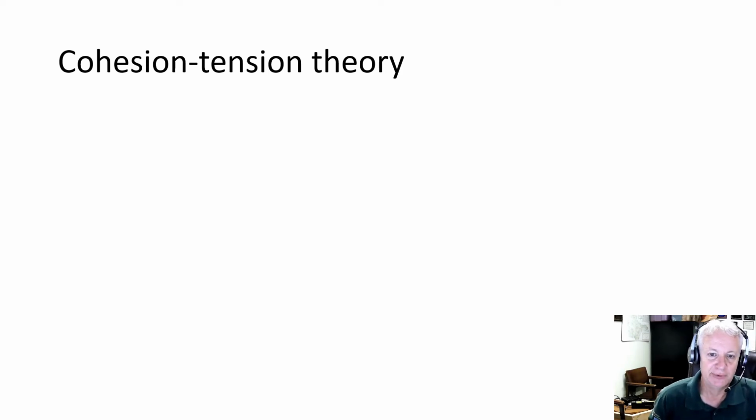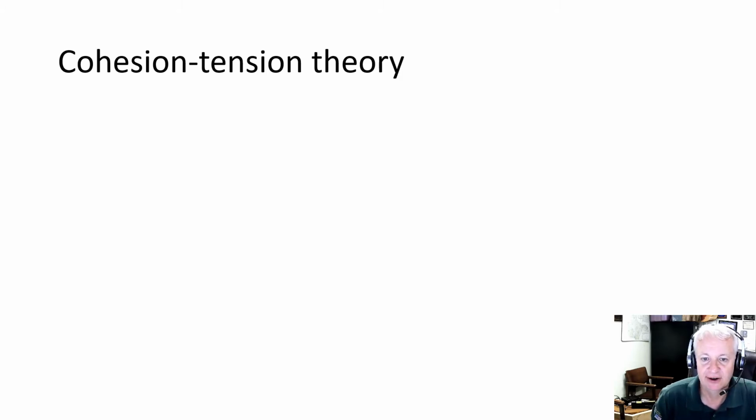This is another really important concept in water transport in vascular plants, and that's the cohesion tension theory. This is the consensus theory for how water transport occurs in vascular plants. Back in the 19th century, there were a lot of working hypotheses for how water transport in xylem might work.